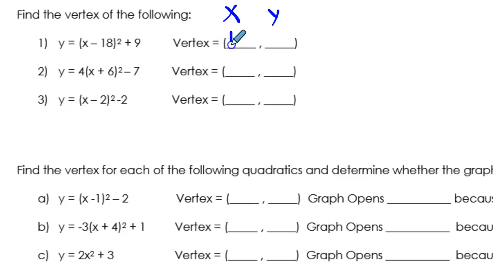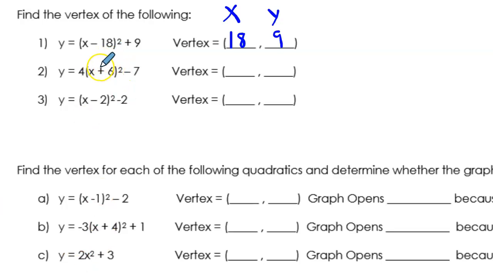So our vertex is going to be positive 18 and positive 9, because remember, our x is the opposite of whatever sign sits right there. How about down here? I notice right off the bat we have an a out here, but the a, remember, doesn't affect the vertex.